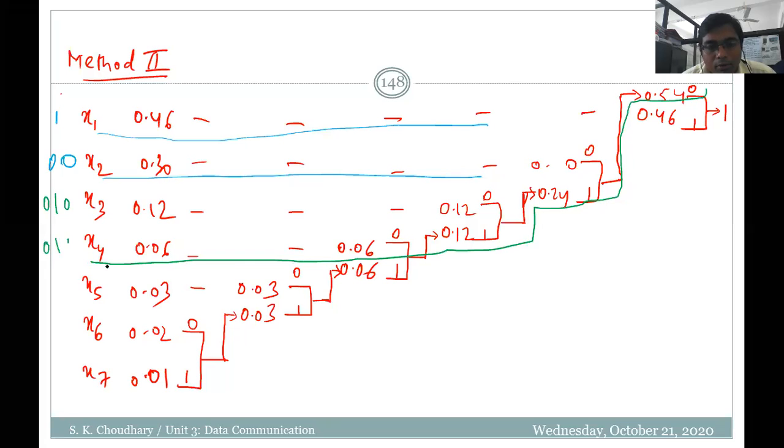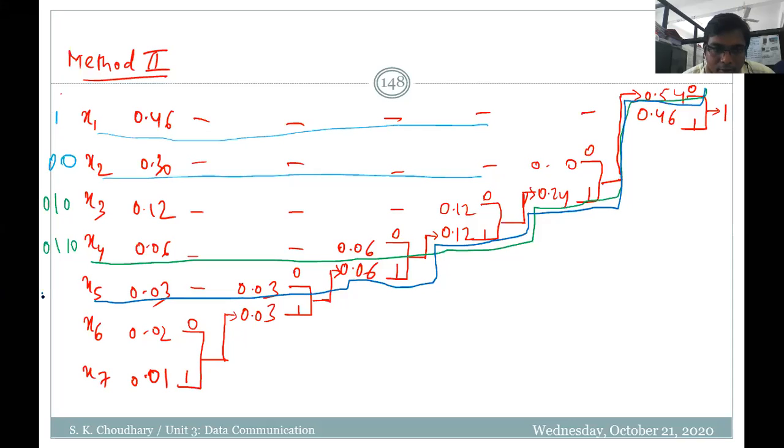Then again we have to go for the same method for x5. So we have to see the value 0, then 1, then 1, and then 1, and then 0.